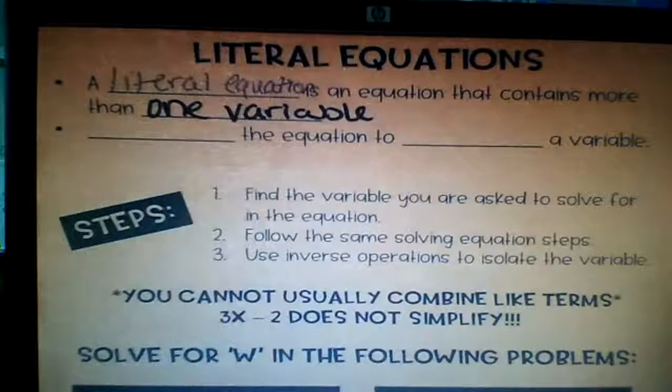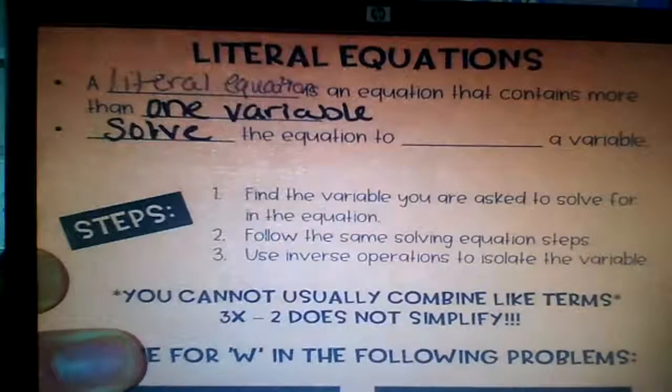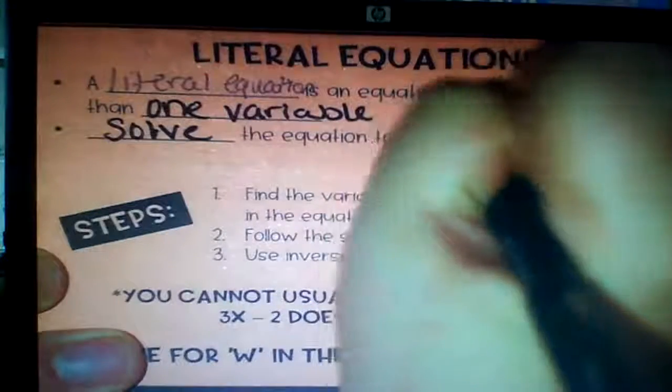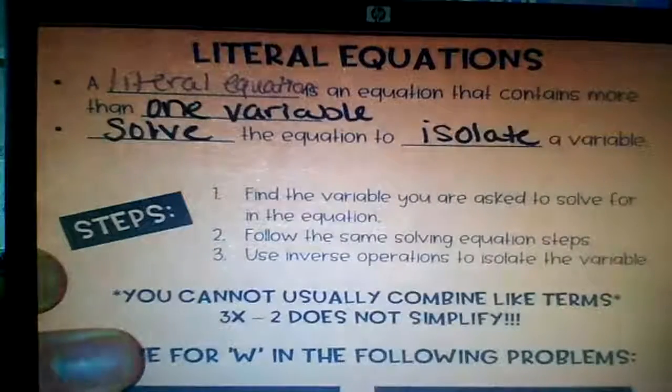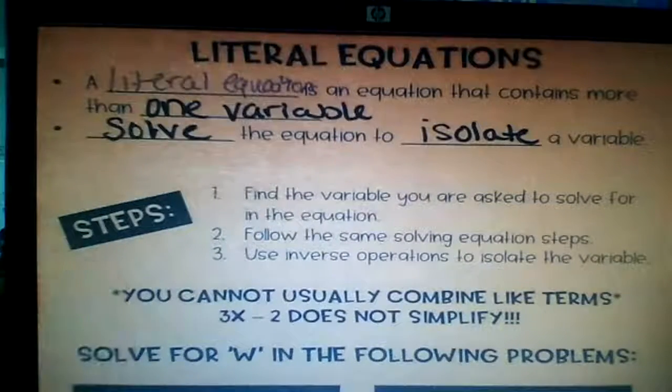And our job with a literal equation is to solve the equation, to isolate the variable. What does it mean to isolate again? We're not trying to get rid of it. You're in isolation, so you're all by yourself. Okay?